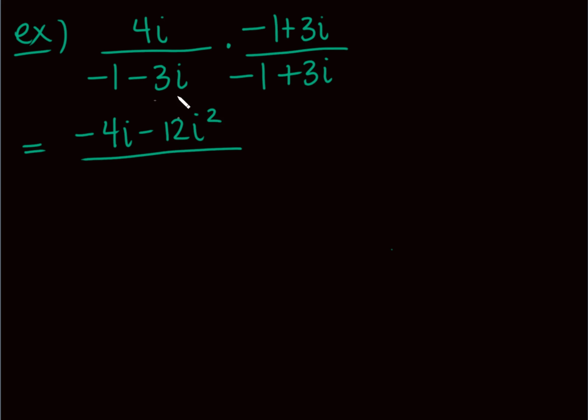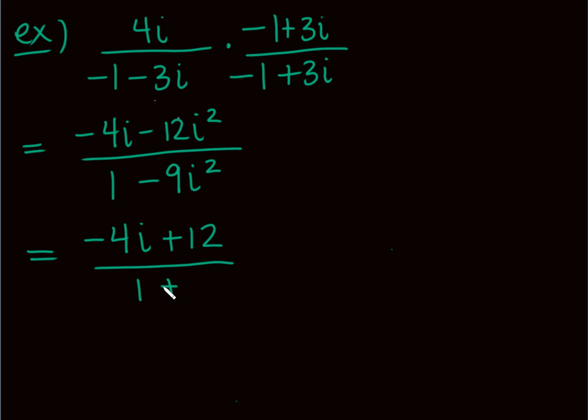Again, on the bottom, I'm going to get a +1. My outside and my inside cancel, and then I get a -9i squared on the bottom. Simplify this a little bit, -4i, that becomes +12 because of that i squared. Oh, I keep doing the same ones on the bottom. So this is 10.